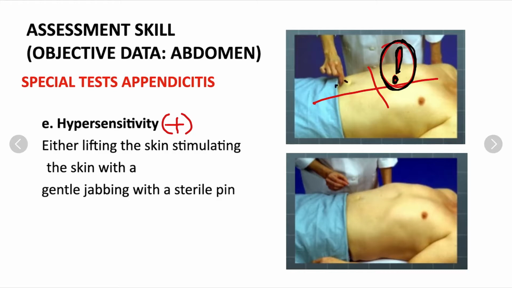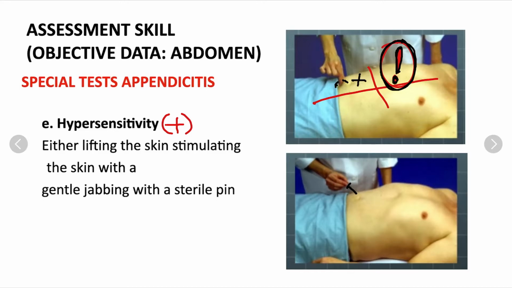Upon pinching the skin fold or lifting it, there would be sharp pain experienced in the right lower quadrant. You could also do this test by gently dabbing a pin or a sterile needle over the area.